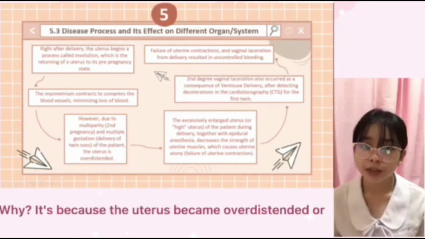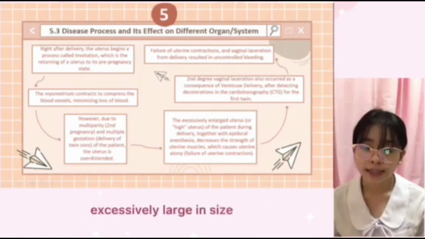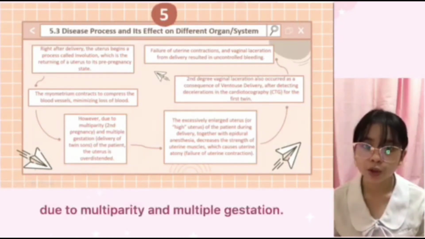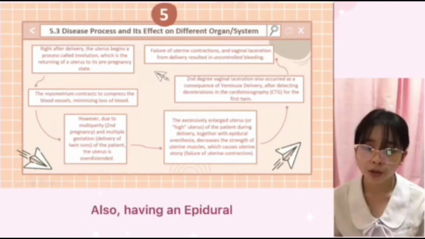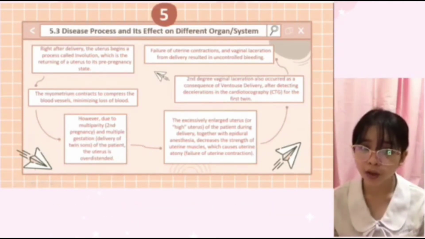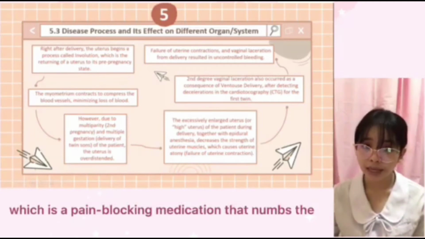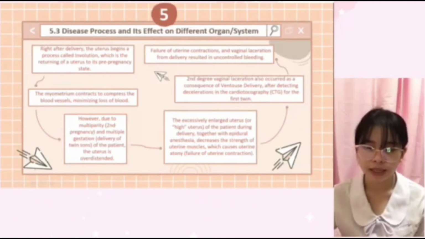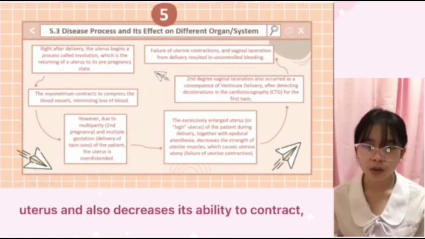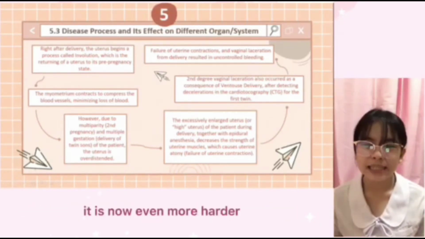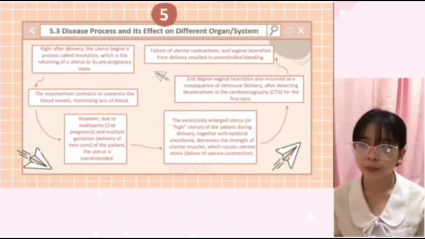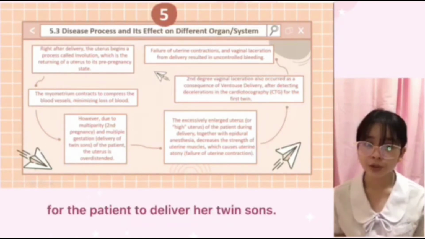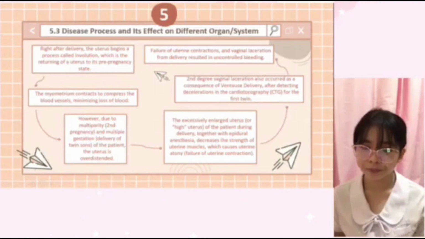Why? It's because the uterus became overdistended or excessively large in size due to multiparity and multiple gestation. Also, having an epidural, which is a pain-blocking medication that numbs the uterus and decreases its ability to contract, made it even harder for the patient to deliver her twin sons.